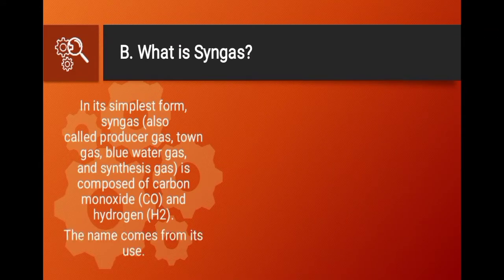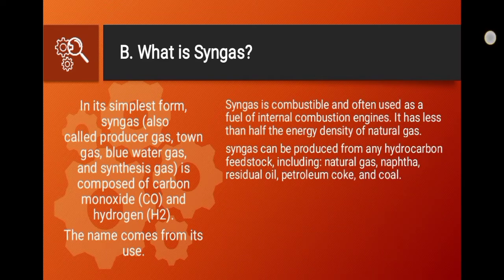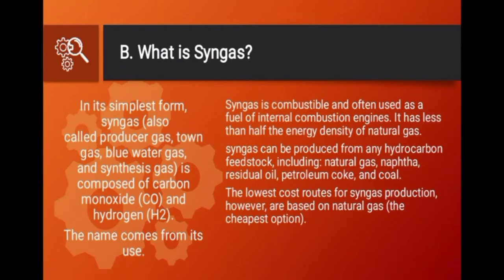In its simple form, syngas, also called producer gas, town gas, blue water gas, and synthesis gas, is composed of carbon monoxide or CO and hydrogen or H2. The name comes from its use. Syngas is combustible and often used as a fuel of internal combustion engines.